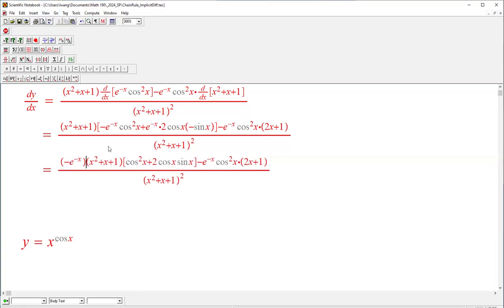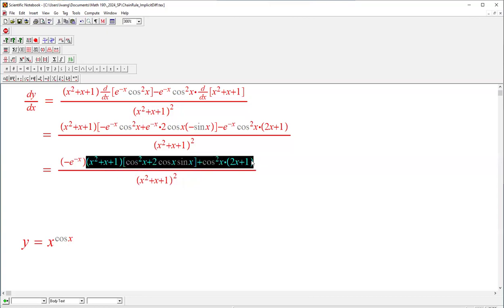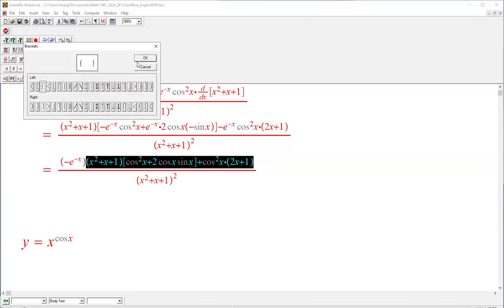There's a negative e to the power negative x here, e to the power negative x over here, negative. So we can factor this out. So the whole of it is going to be curly bracket.